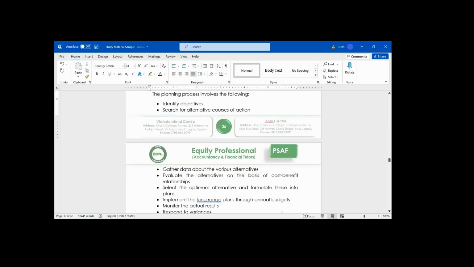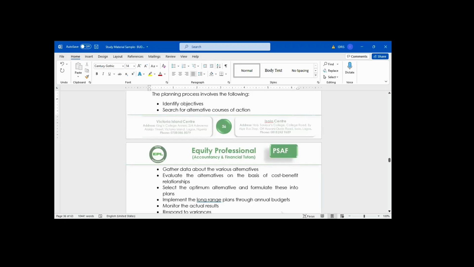Once you identify the objective of government, this is the objective we intend to achieve. Secondly, you need to search for alternative courses of action. If we couldn't achieve this objective, what are the other options that we have? If we couldn't use this money for this project, what are the other options we can use the money for? You understand? We need to have alternative.